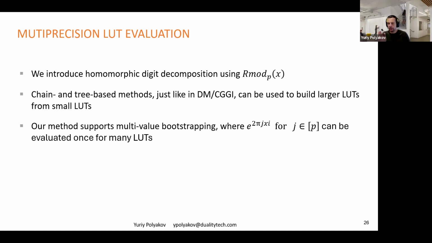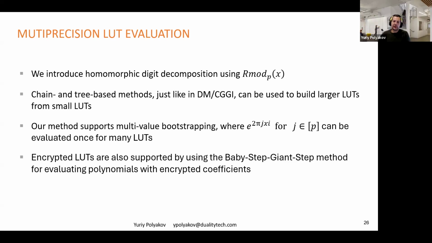So we can compute the important terms of this power series once, and then just do the final step of Paterson-Stockmeyer or some other algorithm to do the polynomial evaluation. Also, something that's needed in the tree-based method is support for encrypted LUTs. So not when LUTs themselves are essentially ciphertext.